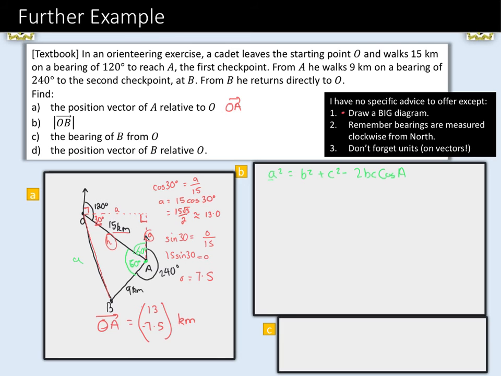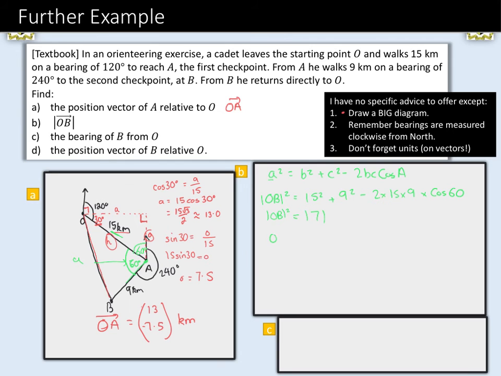So OB squared is equal to 15 squared plus this side here, 9 squared, minus 2 times 15 times 9 times cos A, which is opposite here. That's why I chose that as a, so cos 60. If I type that into my calculator, the magnitude of OB squared is going to be 171.